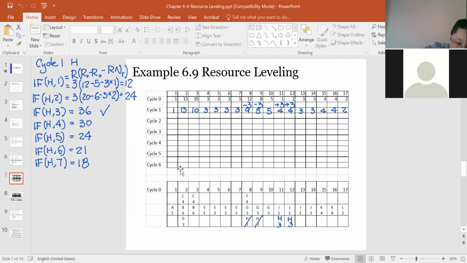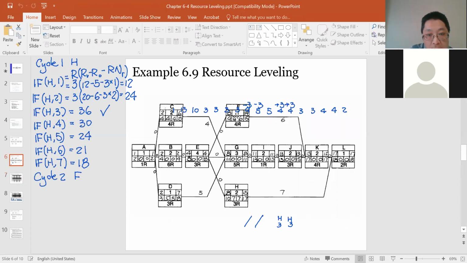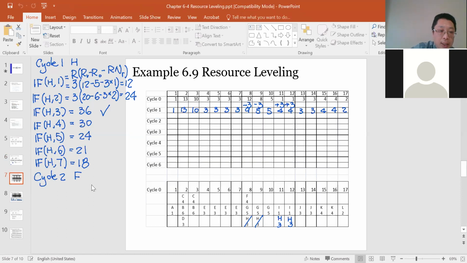So for the next cycle, we put over here, cycle 2. For cycle 2, I'm gonna analyze activity F. So we come back here to see how many days F can be shifted. It depends on the free float over here. It has a 6. So the maximum available is 6.